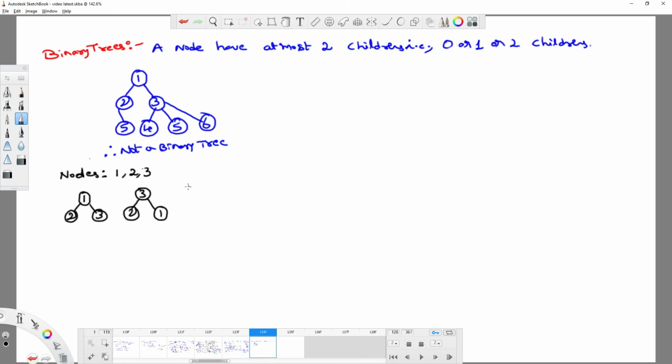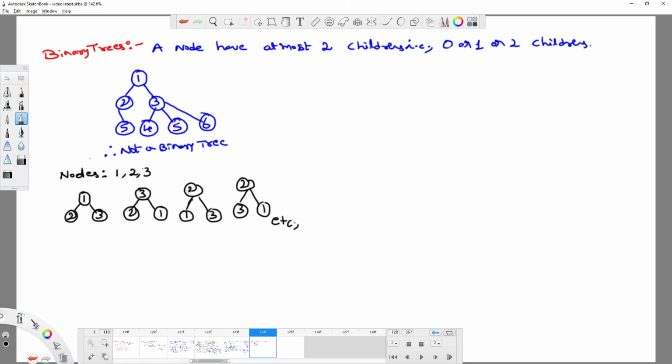Or 2, 1, 3? Or 2, 3, 1, etc.? Is it possible or not? Right? Now the question is, how many structures are possible with 3 given nodes?